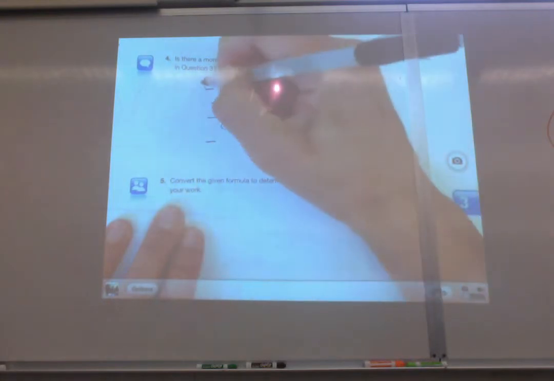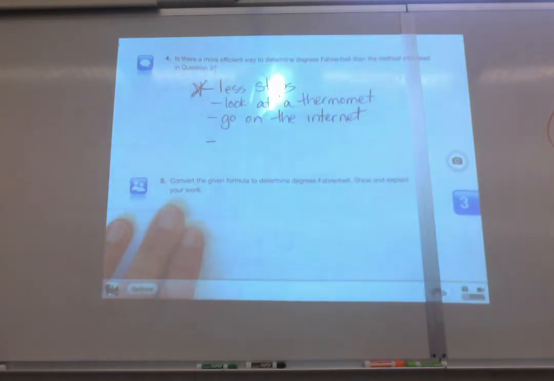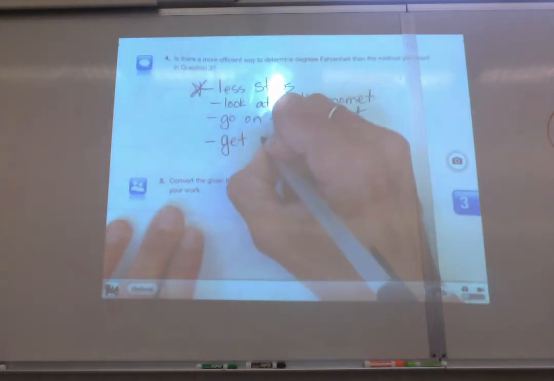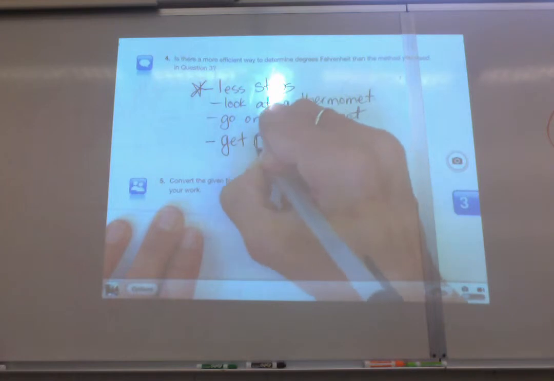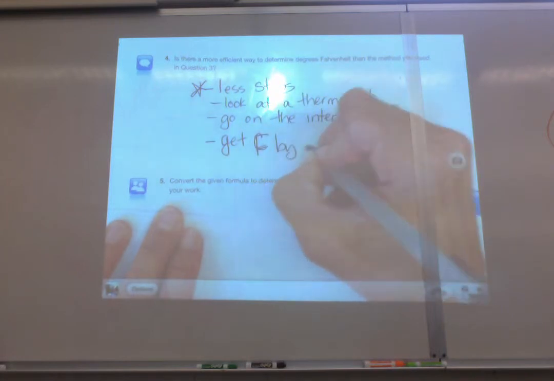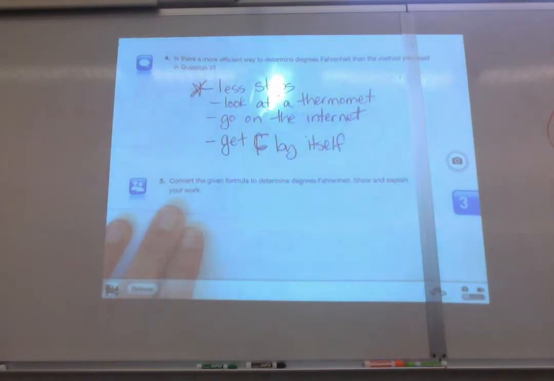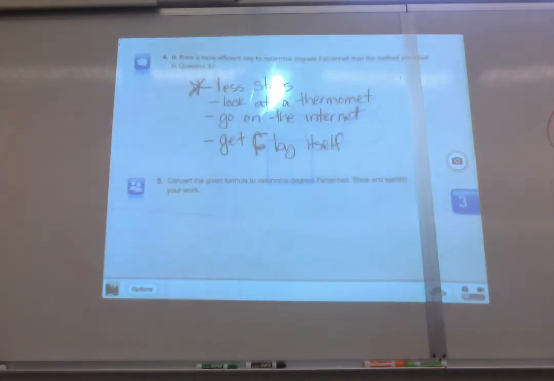In order to get less steps, we could rearrange our equation. Get f by itself. We can rearrange our equation so that we're already set up to solve for f, and that would give us less steps.